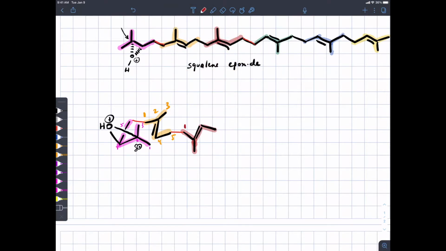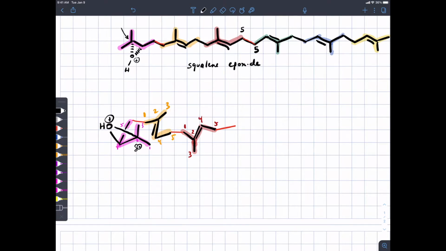All right, so that's 1, 2, 3, 4, and 5. So that's the first 3 isoprene units of squalene. And then here is the next bond, but this bond is not going to be between 5 and 1. This bond is between 5 of one isoprene unit and 5 of the other. This is the head-to-head bond that I was telling you about.